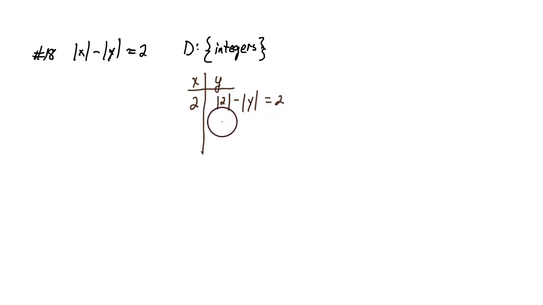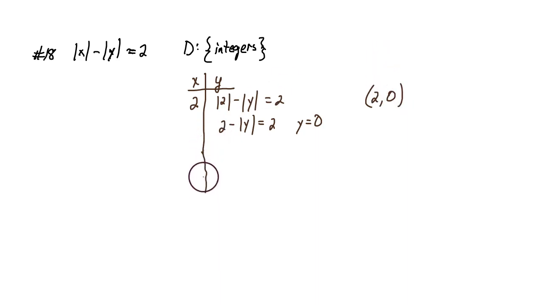The absolute value of 2 is 2. What does this have to turn out to be to make a true statement? This has to turn out to be 0 because 2 minus 0 equals 2. The only way for this expression to be 0 is if y is equal to 0. So when x is 2, y is 0.